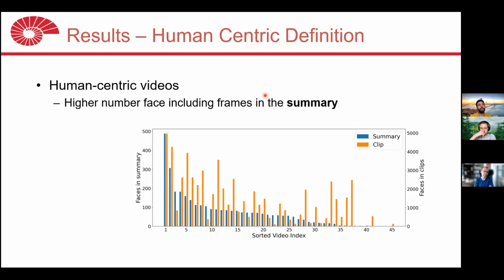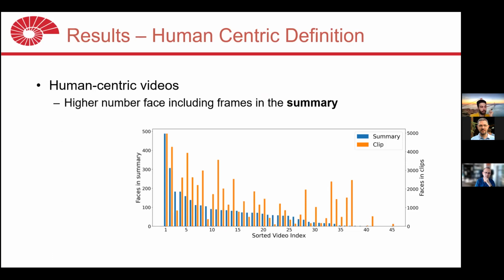It includes videos involving only cats or dogs. Anyway, we argue that a highlight of a human-centric video should contain frames including faces, so we base our human-centric definition on that. We threshold the number of faces in the summary to state whether a video is human-centric or not.